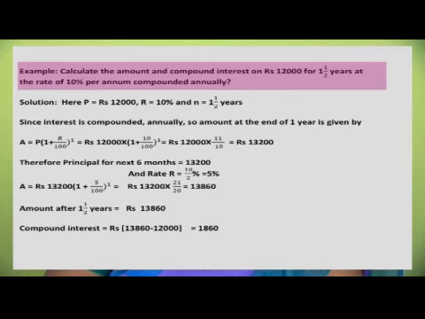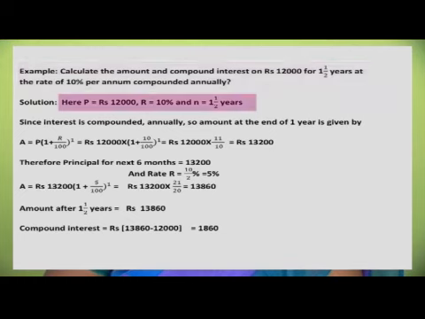Calculate the amount and compound interest on rupees 12,000 for 1.5 years at the rate of 10% per annum compounded annually. Here we have the principal as rupees 12,000, rate is equal to 10% and n is equal to 1.5 years.